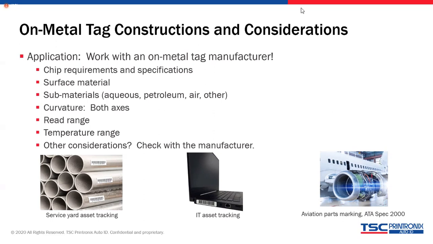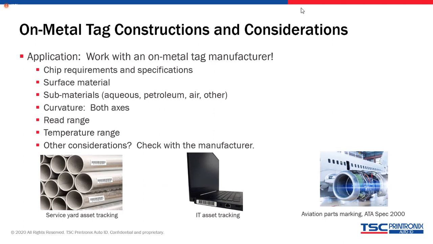You want to go through things such as the chip requirements, what kind of memory do you need, what kind of specifications should the chip have, and so on. These tag manufacturers have been through this many times, and so they know what questions to help you through.